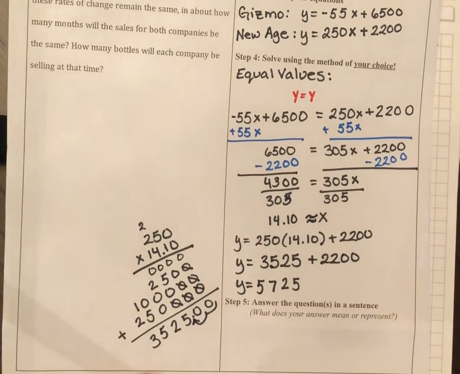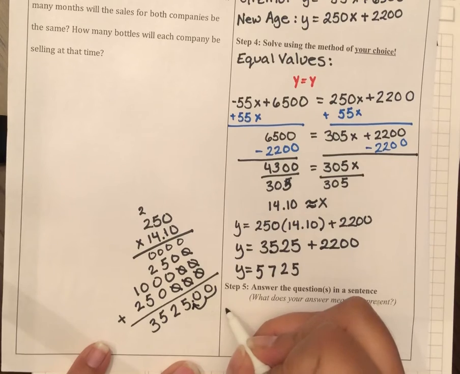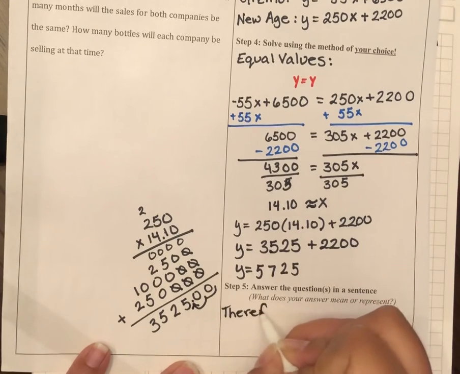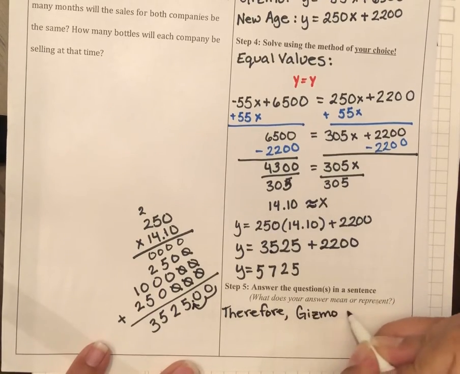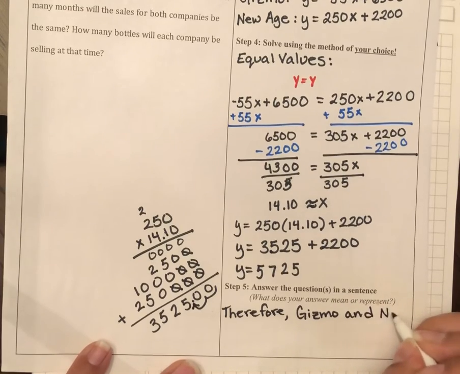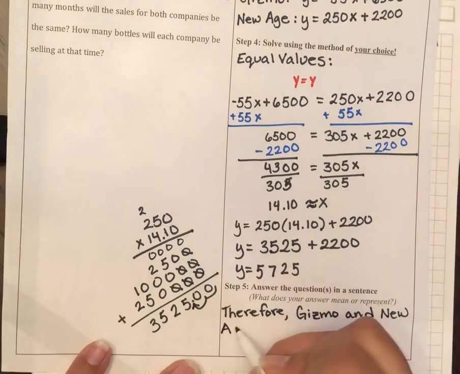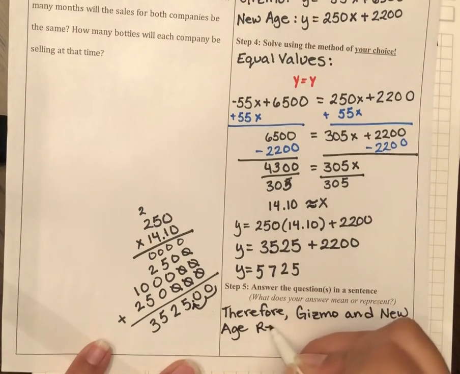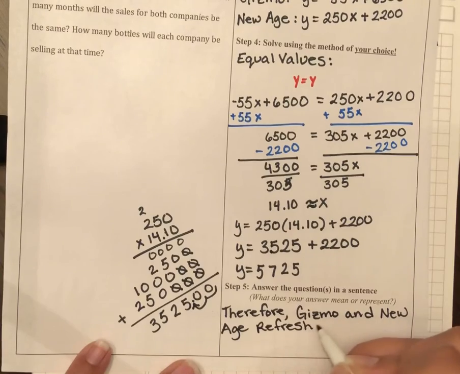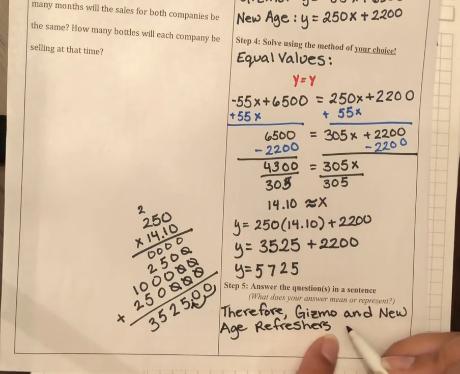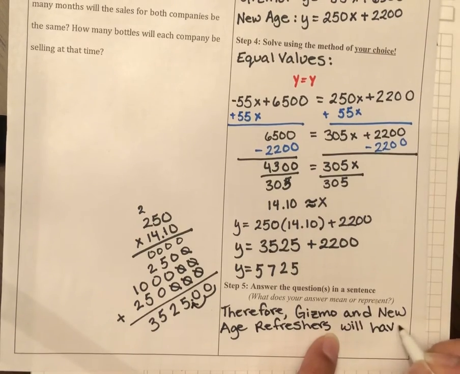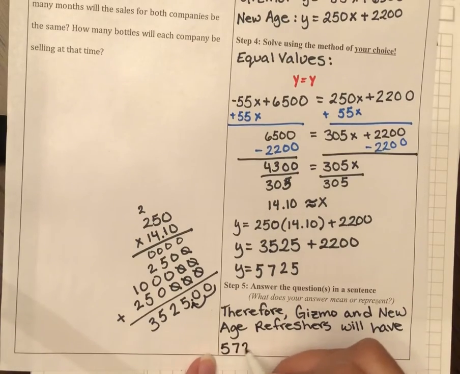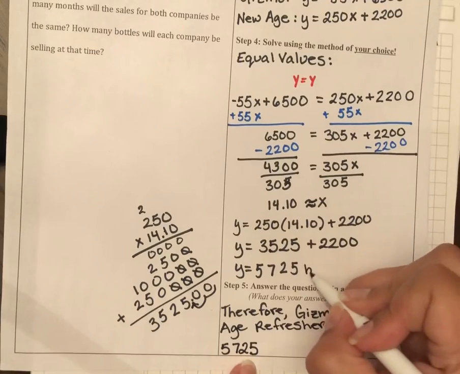Okay, what does this mean? This means that, therefore, Gizmo and New Age Refreshers will have 5,725 bottles.